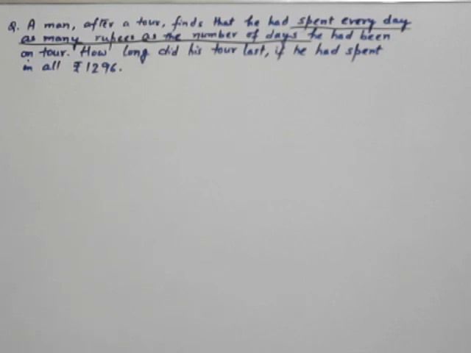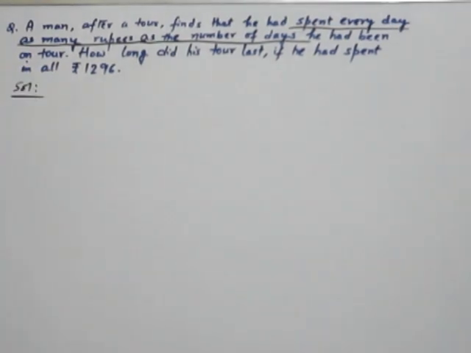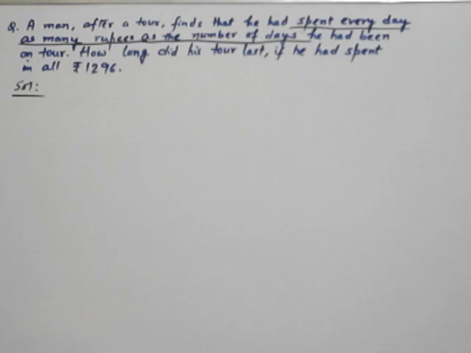If he spent 3 days, then he spent each day rupees 3, and so on. And the total money he spent 1296. So for this question, our number of days is unknown.